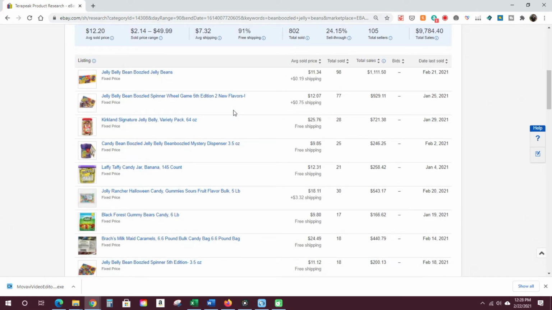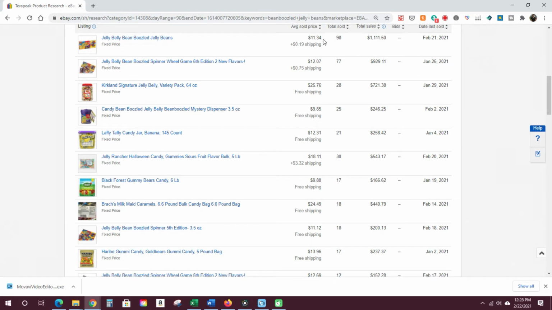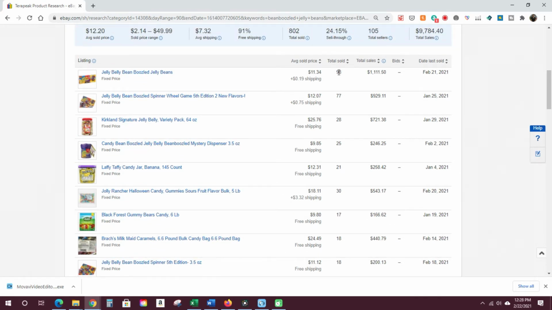Okay, so here we are. We see these Bean Boozled, and you can sort like date last sold, total sales. So this person right here is probably my biggest competition. They've got 98 sales, and they're selling it at $11.34.